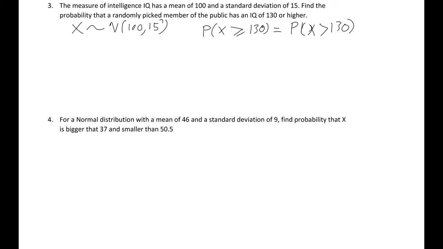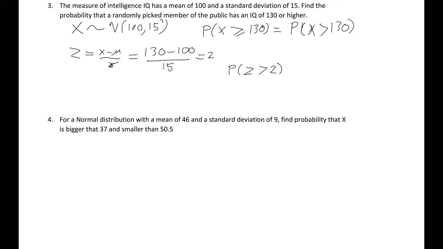Okay, so we don't have a table for this sort of normal distribution. We have to code it first. So our coding formula is Z equals X minus mu over sigma. So that equals 130 minus 100 over 15. That equals 2. So we're actually being asked for the probability that Z is bigger than 2.